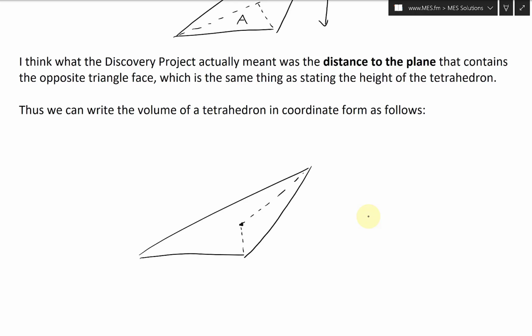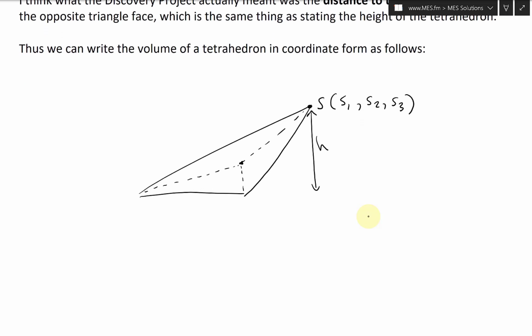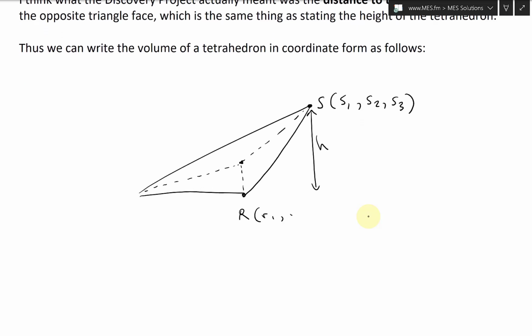I'm going to call the point inside here S. And it has coordinates S1, S2, S3. And then the height here, or the distance to the plane that contains this face right there, is going to be our H, like that. And then this point right here is our R, with coordinates R1, R2, R3.